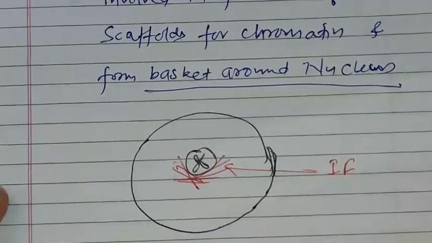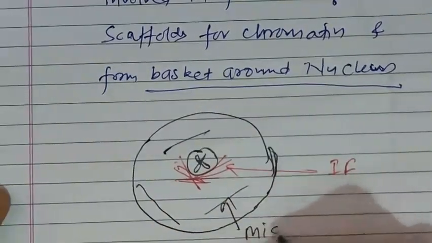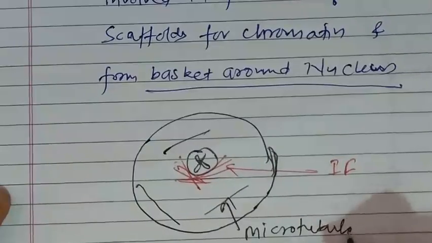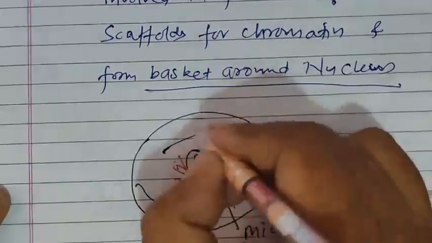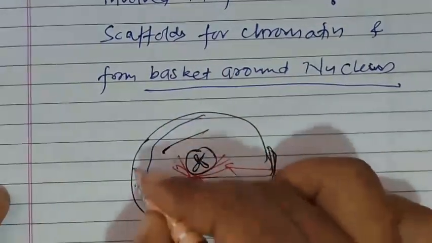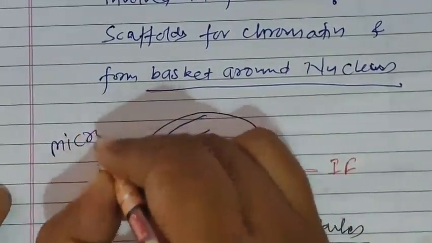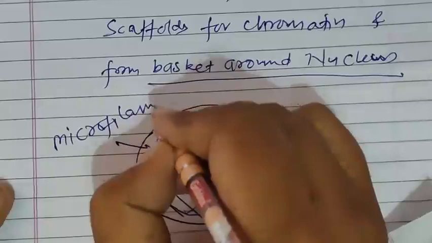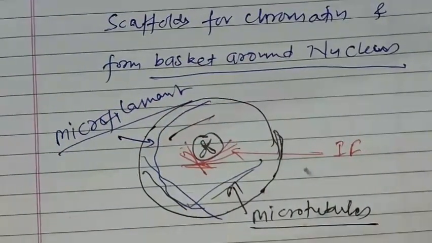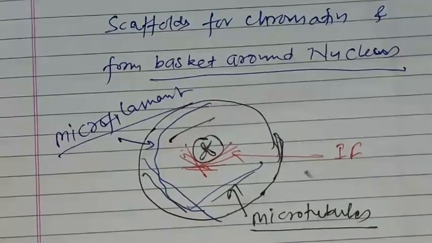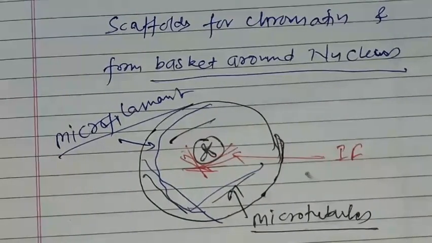Apart from that, you will find some microtubules in the cytoplasm, and some of independent, longer length, which are microfilaments. So all these proteinaceous structures are found within the cell, and they form the cytoskeleton of a cell. Now these three cytoskeleton components are microtubule, microfilament and intermediate filament.